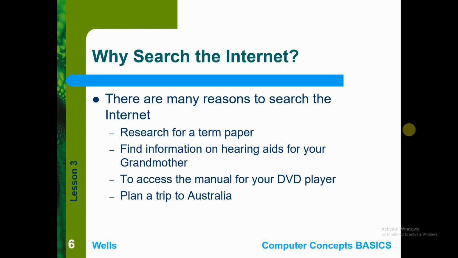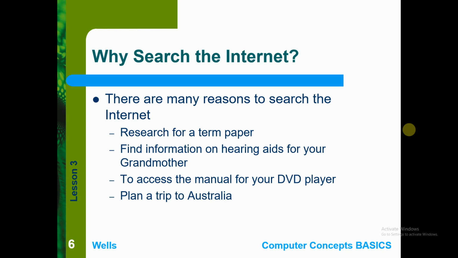And also the manual for a DVD player, for example in case there are some devices where you can't find the manual. Example, if you want to activate a feature but you lost the manual, there are available references that you can find online.